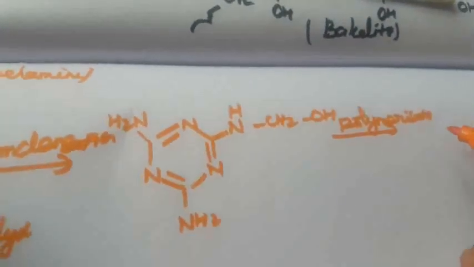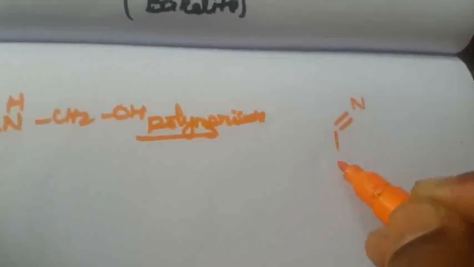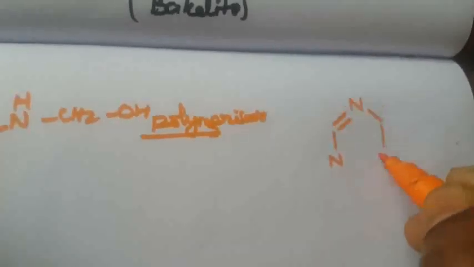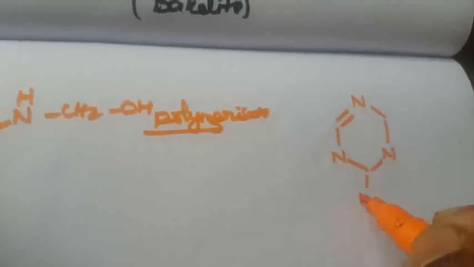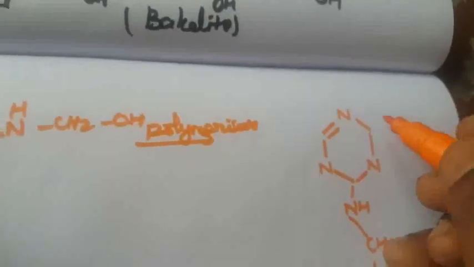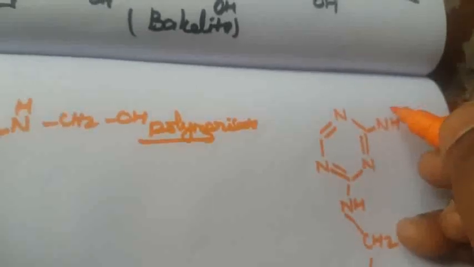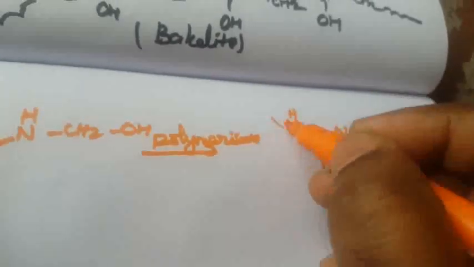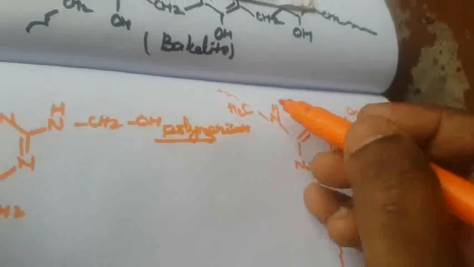Again this side will be formed, with N double bond N, NH, then CH2, and again NH, CH2 here, and NH, CH2 here. Okay, so this is called melamine.